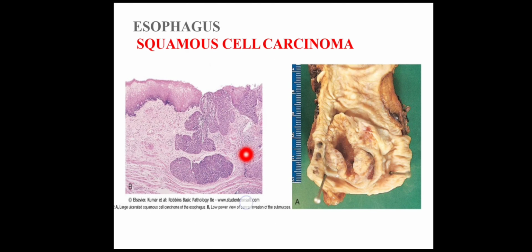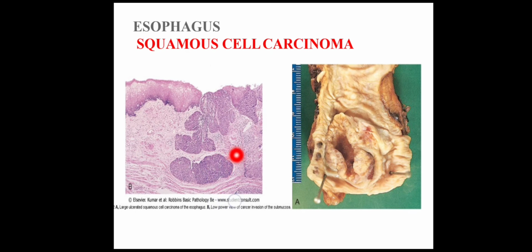This is how a squamous cell carcinoma will look. This is normal non-keratinized stratified squamous epithelium, somewhat thickened, lining the mucosa of the esophagus. And here you are seeing that part of the squamous epithelium has infiltrated the mucosa and is present in the form of a nest.